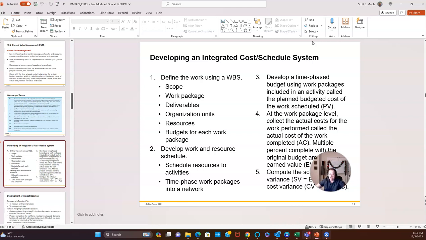You've built it into a project network. You built it into a Gantt chart. You're going to monitor that weekly or biweekly or monthly. How are you progressing to your schedule? And that is going to roll up to your status reporting. That's all we're looking at doing here.